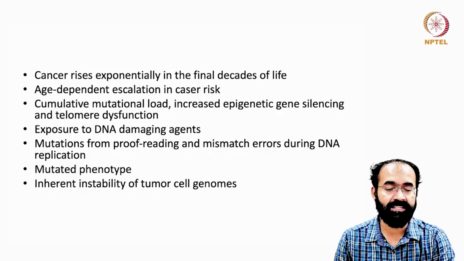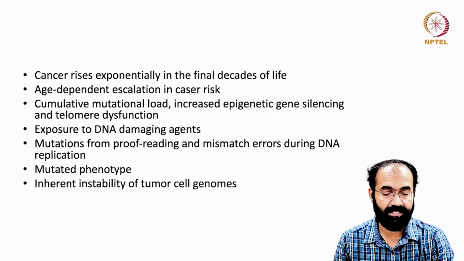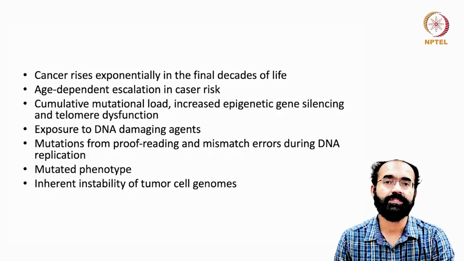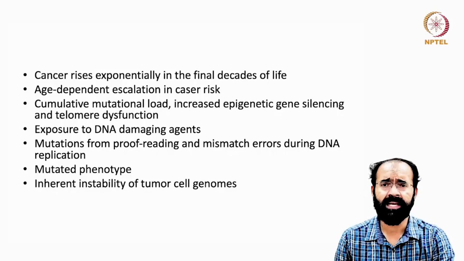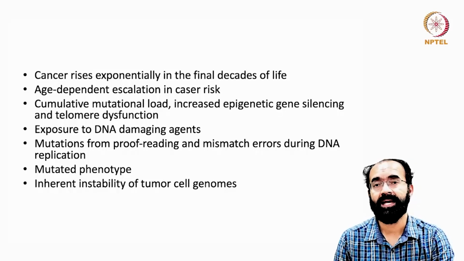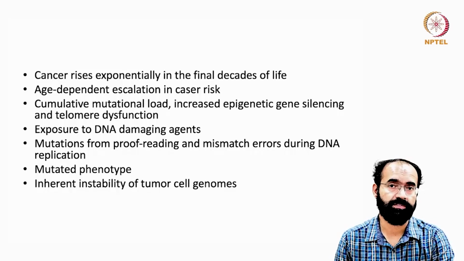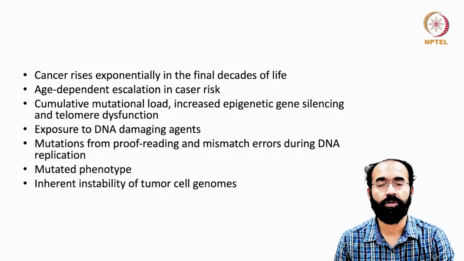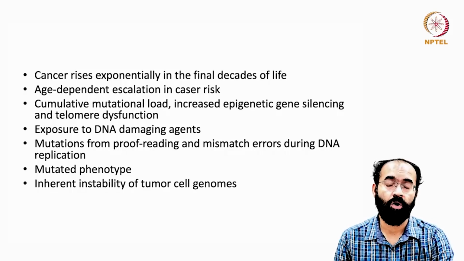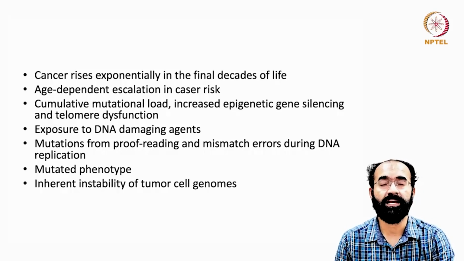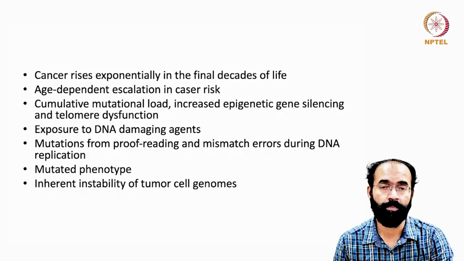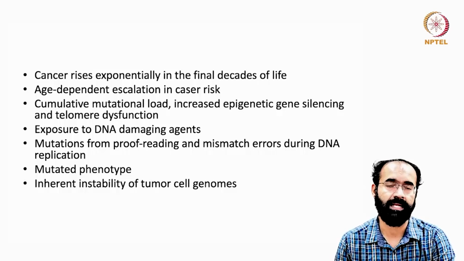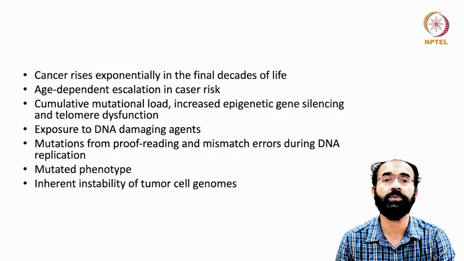So, inherent instability of tumor cell genomes. Many times, if there is a tumor or a trouble in a given cell, what will happen? They are not following any of the cell rules like anchorage dependence, not piling over another cell, or not switching to glycolysis alone, but following the Krebs cycle also for getting optimum use of ATP production from a glucose molecule.